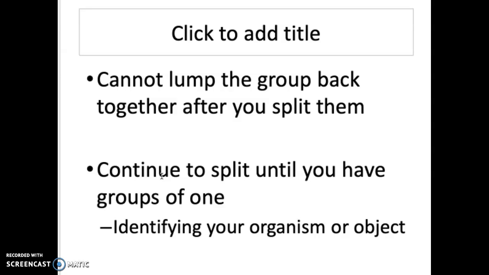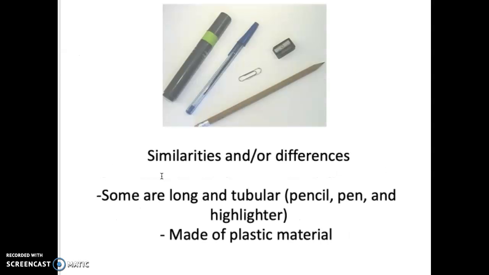Now, similarities and differences in some of the pictures that you saw here: some are long and have a tube shape, such as the pen, the pencil, and the highlighter. Some are made of plastic, some are made of metal. You also have a highlighter. You can go by color. There are so many different physical characteristics that you could have used to identify these different materials in front of you.